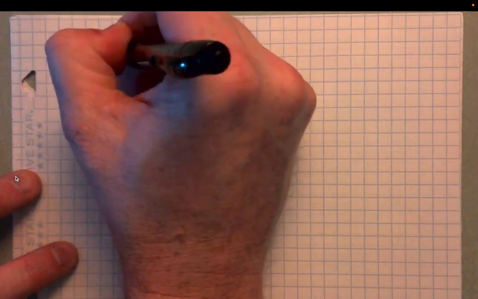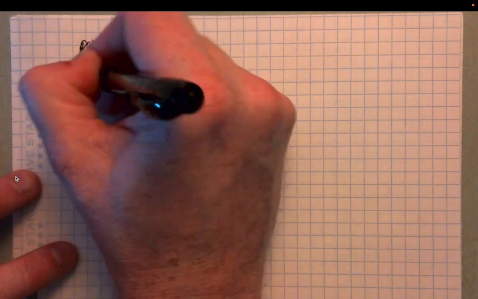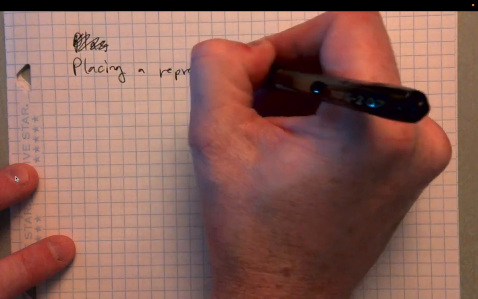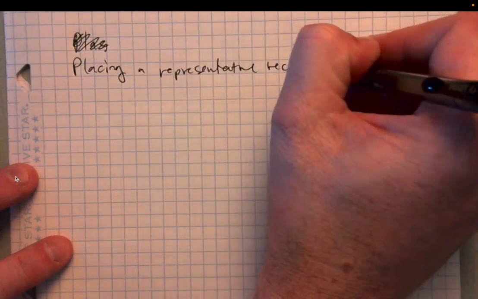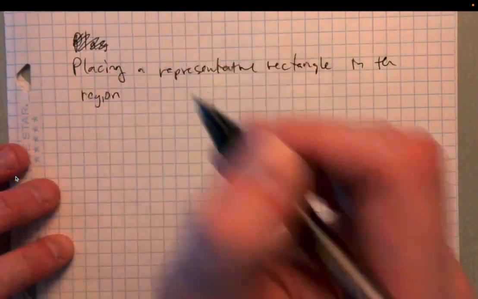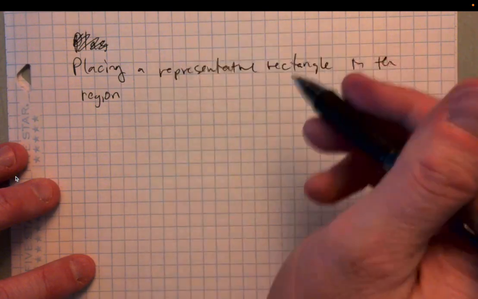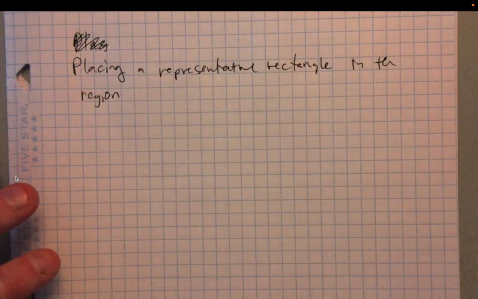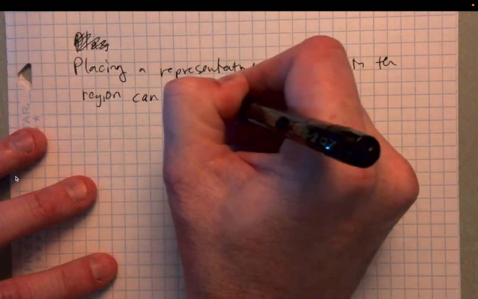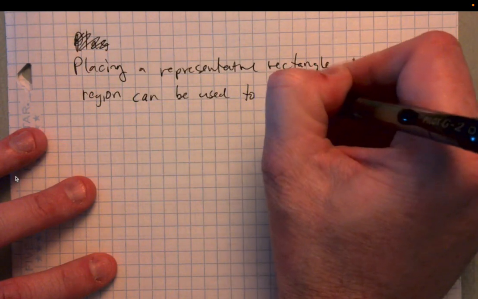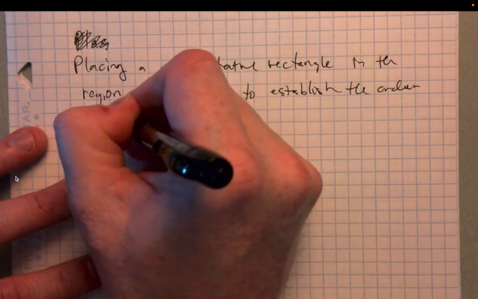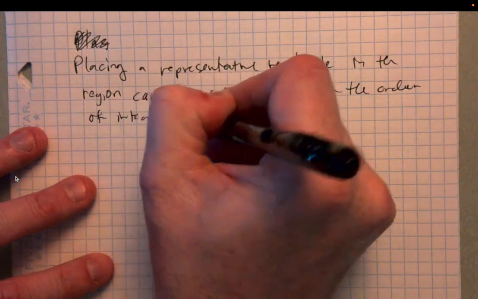Placing a representative rectangle in the region can give us the order of integration. So what do I mean?